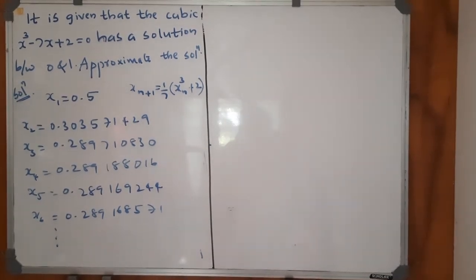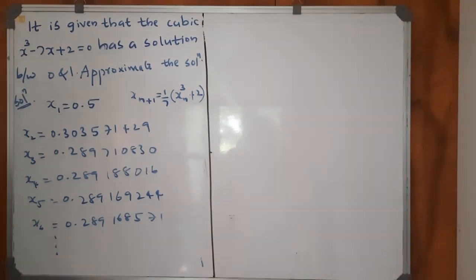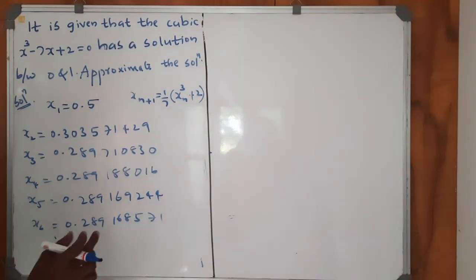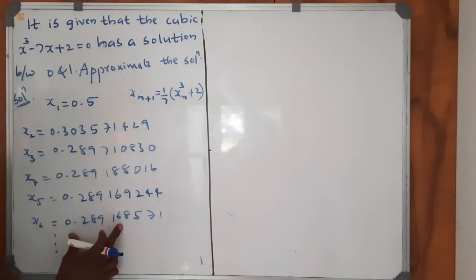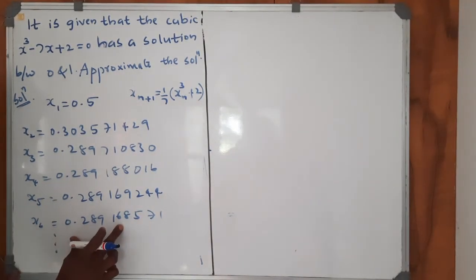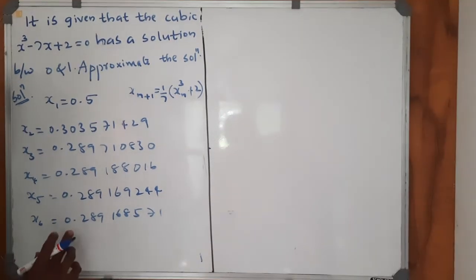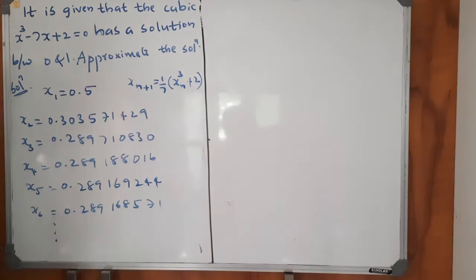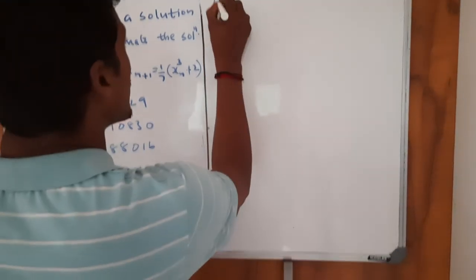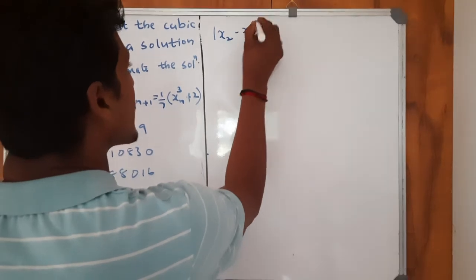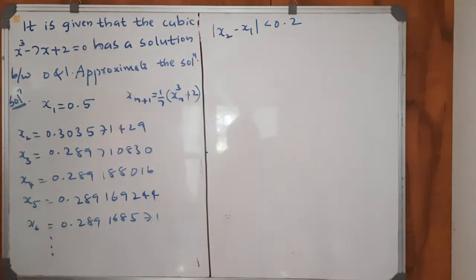Okay, so let us estimate the error in approximation of the limit. Let me observe that as we reached x6, the first 5 decimals are already fixed. That means the limit of the sequence will have the first 5 digits 2, 8, 9, 1 and 6. So let us observe that modulus of x2 minus x1 is less than 0.2.